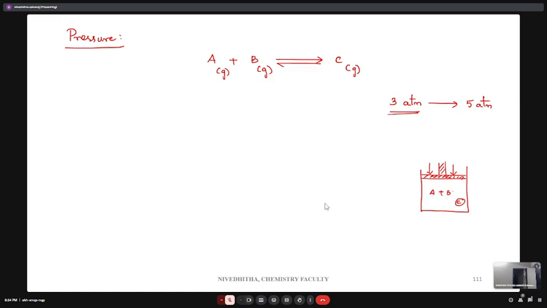Here I've increased the pressure from 3 atmosphere to 5 atmosphere. So what does the system have to do? It has to reduce the pressure, right? How can this reaction reduce the pressure? It cannot move the piston, but instead this reaction can move in either forward or backward direction. What will it do?